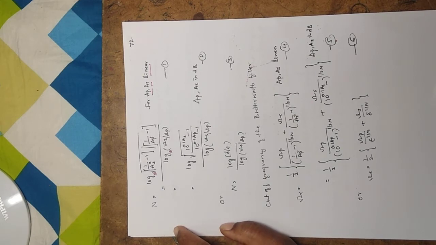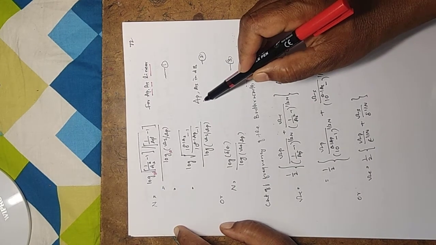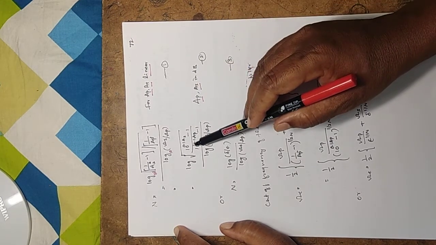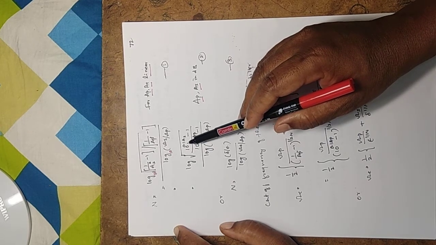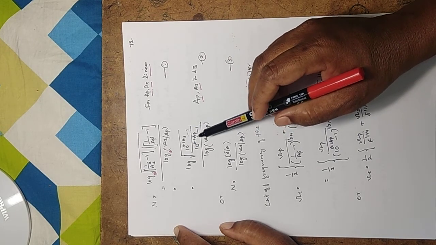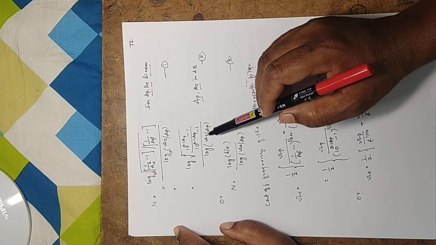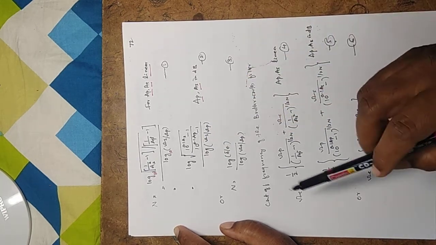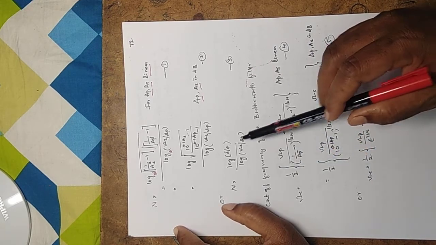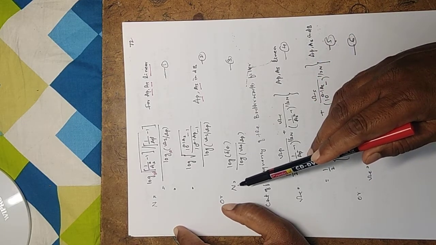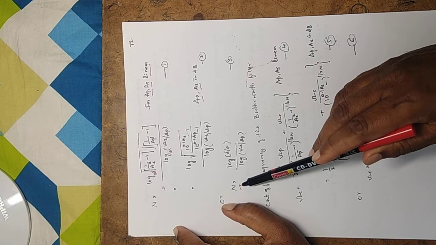If they are given in dBs, then you have to use this expression: log of root of (10 to the power of 0.1 AS minus 1) divided by (10 to the power of 0.1 AP minus 1), divided by log omega s by omega p. If you know the delta and the epsilon, you can use this expression also to find the order of the filter.